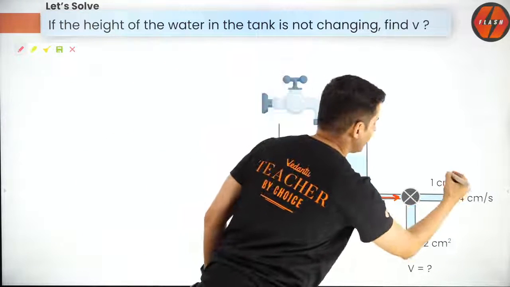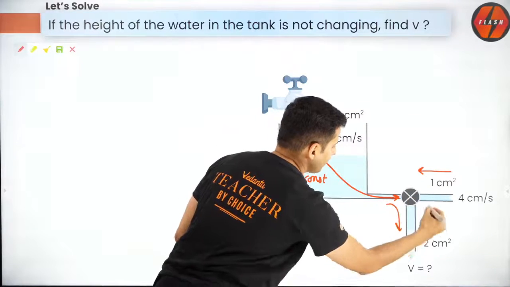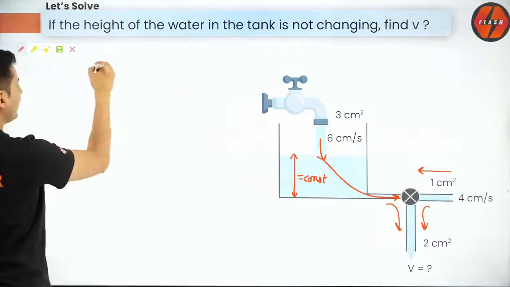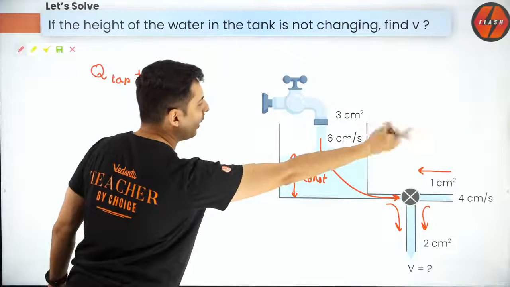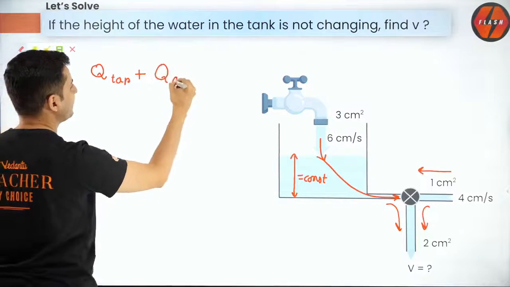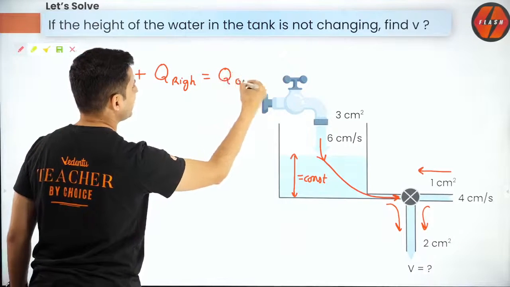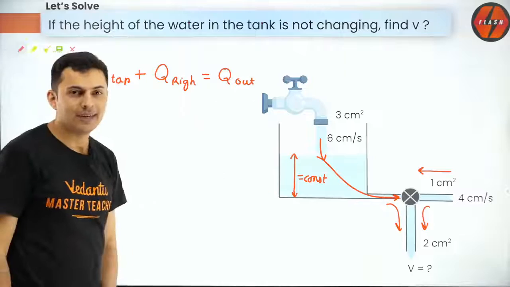And some liquid is also coming from this side, and both of them are mixing and coming out over here. So can I say the water flowing from the tap plus the water flowing from the right side is equal to the water which is actually coming out per unit time? This is the flow rates which I have equated.